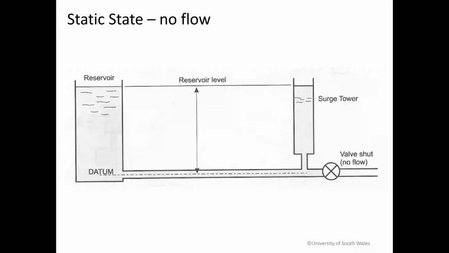So when we've got static flow, this is actually a simple diagram of the kit that we're going to be using after Christmas. I will show you exactly what that equipment looks like now, and obviously you'll see it in the lab as well. What you'd expect in this system, where there is no flow and you have a closed valve, is that the reservoir level will be the same as the surge tower level.